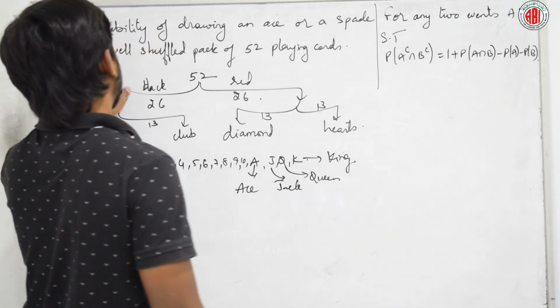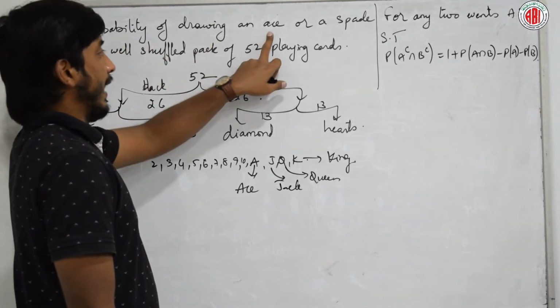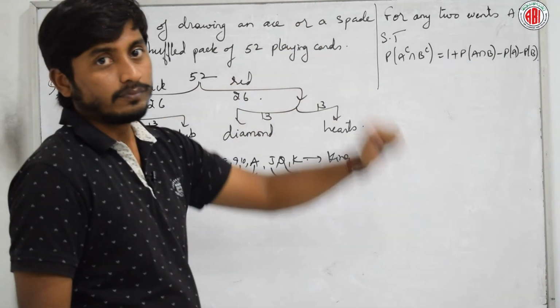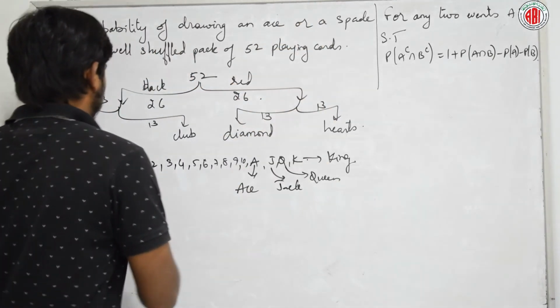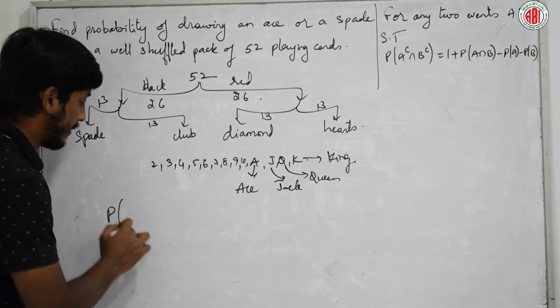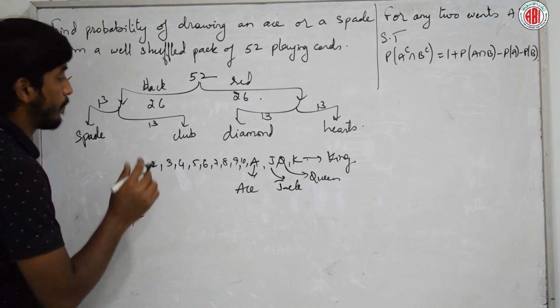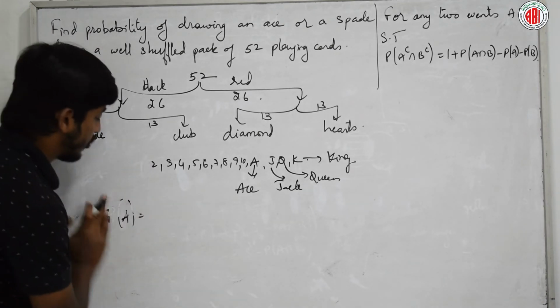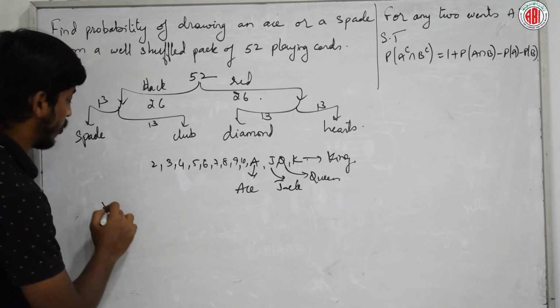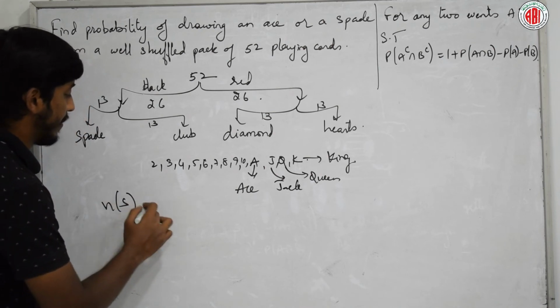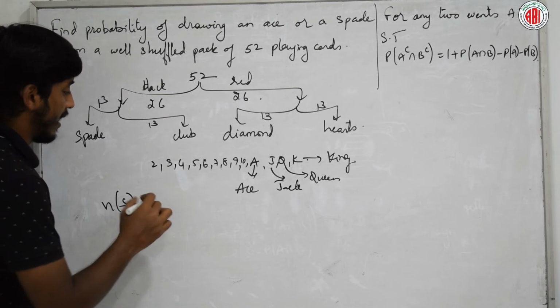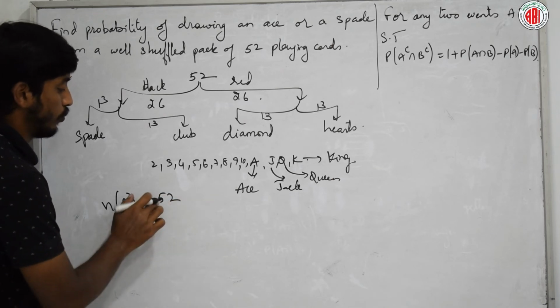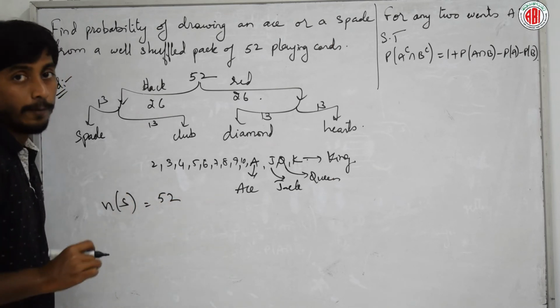Then he is asking us to find an ace or a spade. Okay, let us say event ace as A. How many number of A's do we have? Let me write it as a total number of samples is nothing but 52. Okay.